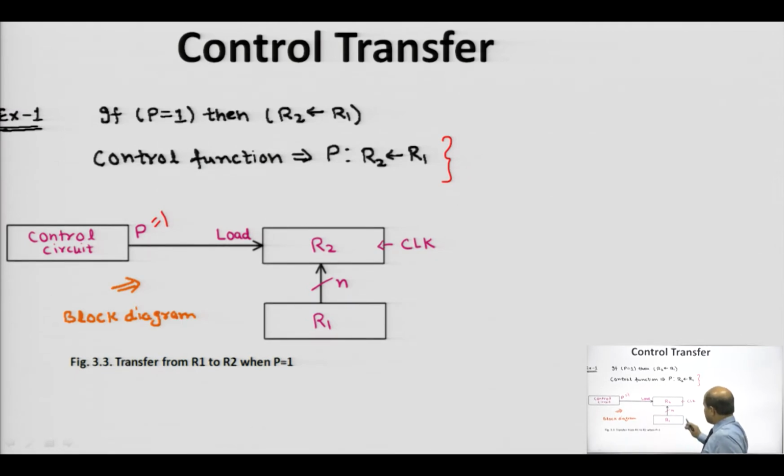This clock shows this transformation is synchronized, meaning both the devices are synchronized using a common clock called CLK. So, if the control signal P is true, the load command is issued and this transformation from R1 to R2 will take place and all the n bits will be transferred in a single clock cycle.